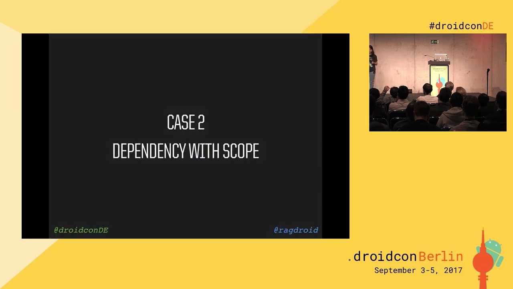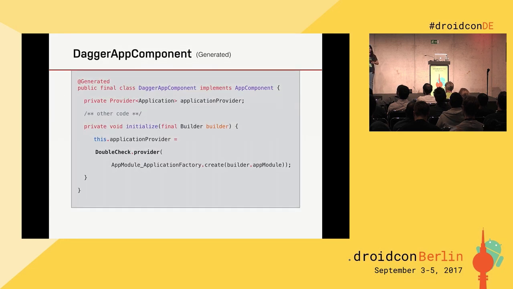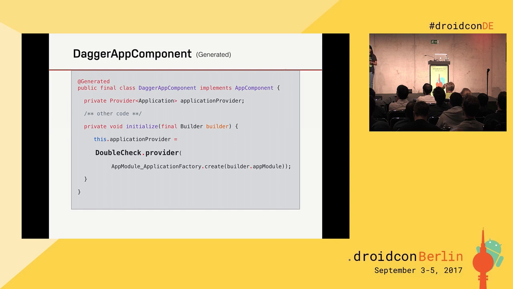So the next case is dependency with scope. What happens if we do specify scope? This is your app module again. Notice that we have specified @Singleton in this case. And this time, in the generated DaggerAppComponent, we have something called DoubleCheck.provider, which Dagger is using to encapsulate the factory we had earlier.